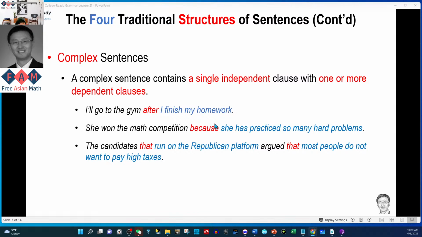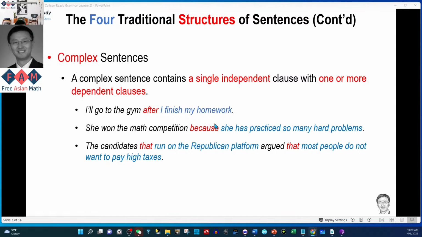The subject of the main clause here is the candidates, and the verb for that main subject is argued. The candidates argued, because argued is a transitive verb. Here is a transitive verb, so it has an object.